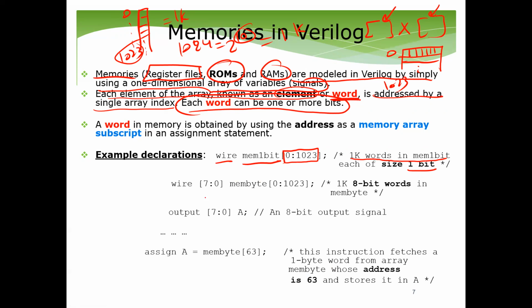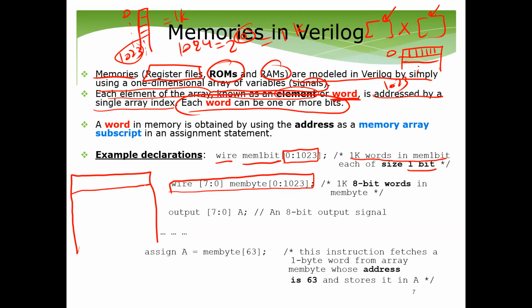So what we can do is declare it this way: wire [7:0] membyte [0:1023]. To make it in detail, this is bit 7, 6, 5, 4, 3, 2, 1, and we need one more, which is 0.